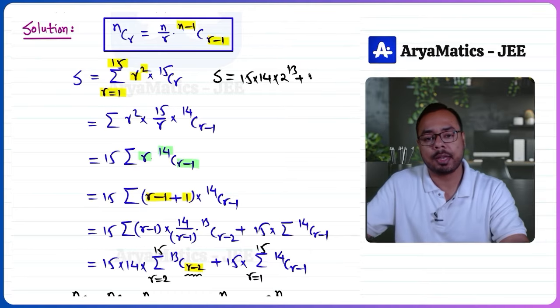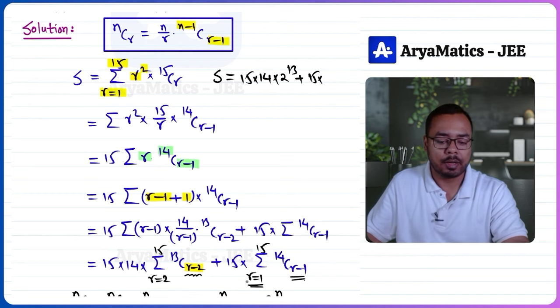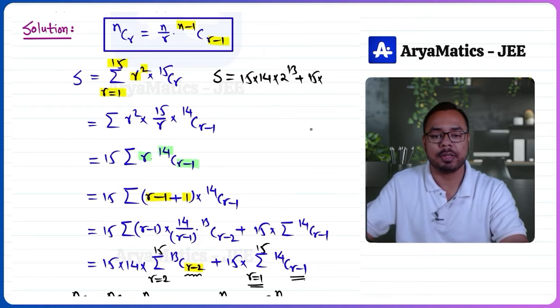Similarly, the second one will be 15 into, and then again, if you take r as 1, it becomes 14C0. Then at 2, you will get 14C1. So here we have 14C0, 14C1 up to 14C14. So this is nothing but 2 raised to 14.